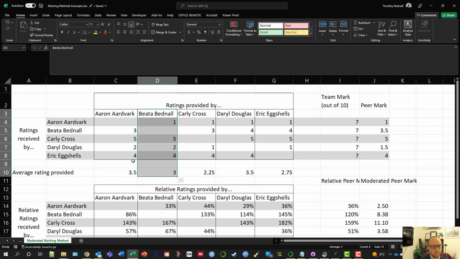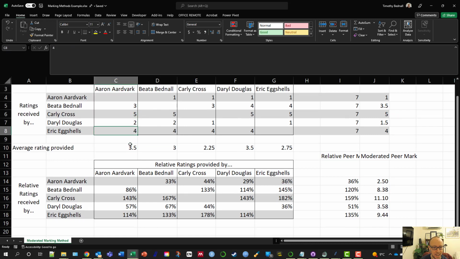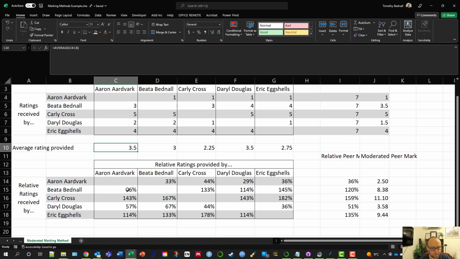Now, what I'm showing down here is relative to this average mark. How did each person actually perform according to that person's average? So for Aaron, who was a somewhat generous marker, Beata performed at about 86% of Aaron's average, whereas Carly, because she got a 5 out of 5, was 143% of Aaron's average, and Daryl was 57% of the average.